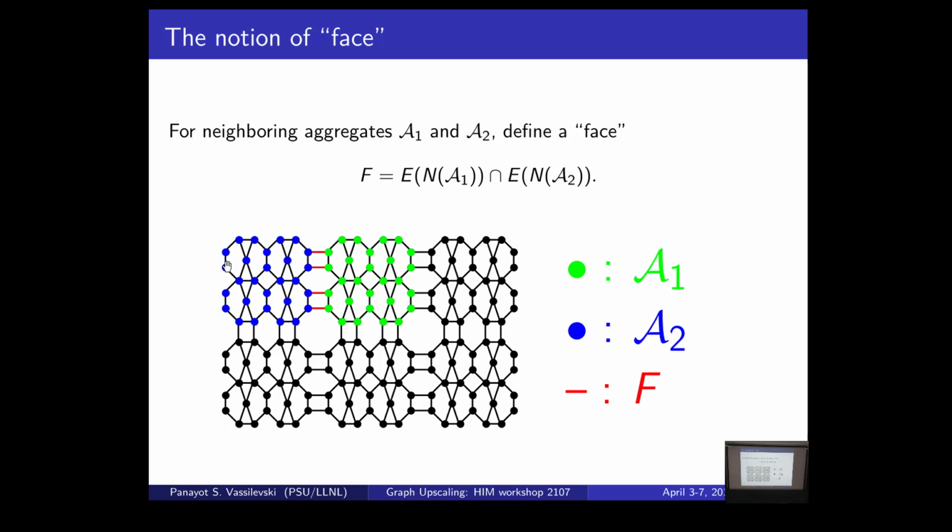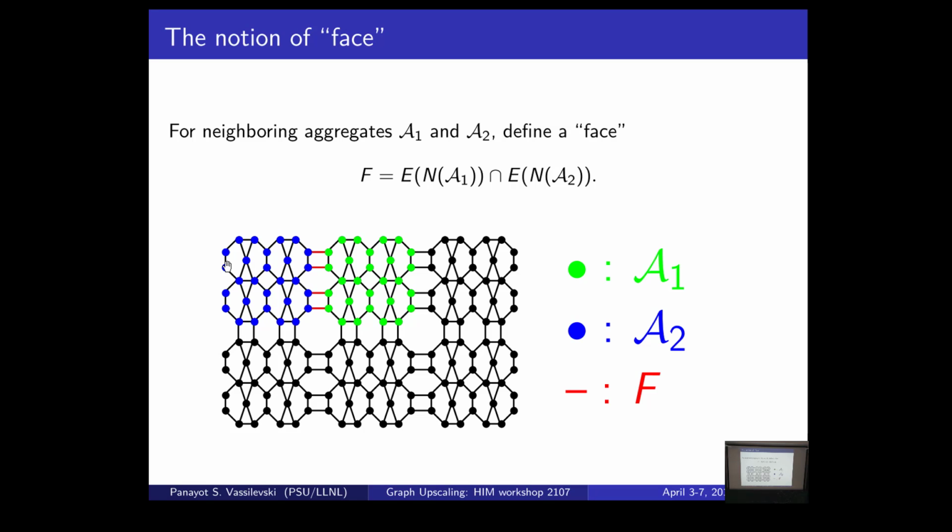And that is a set of edges, and the boundary of every aggregate is a union of such faces. They are non-overlapping sets. So with each face, I'll associate several coarse degrees of freedom with the edge degrees of freedom. So I'll coarsen first on the faces.